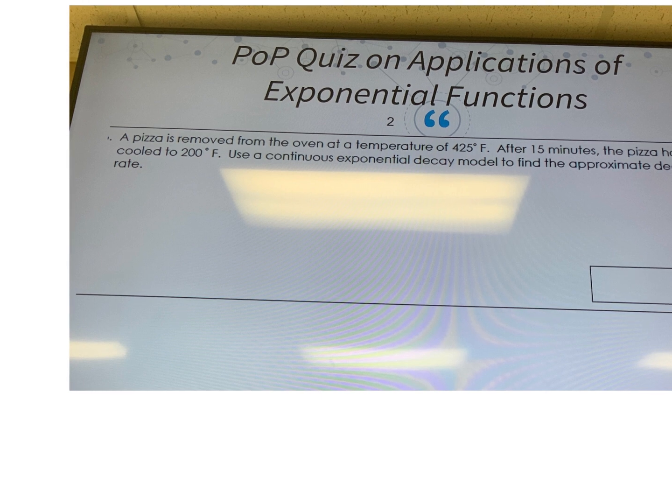So we need a good formula for decay. The amount of heat we're going to have in the future is equal to the amount of heat that I start out with, e raised to the rate of change of the heat.